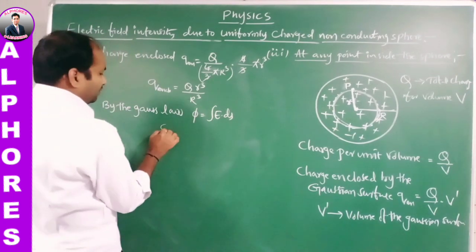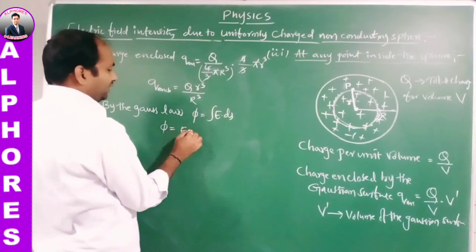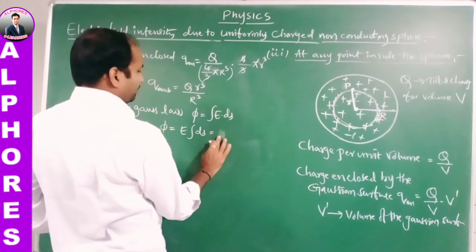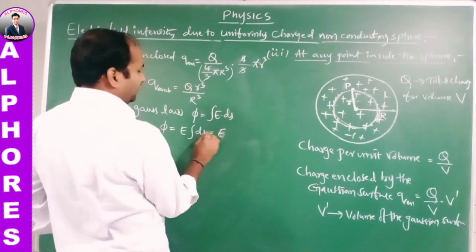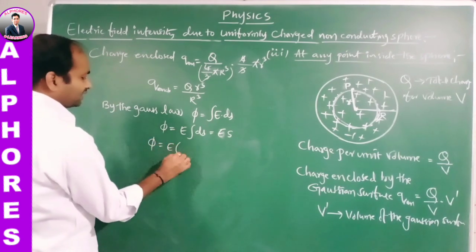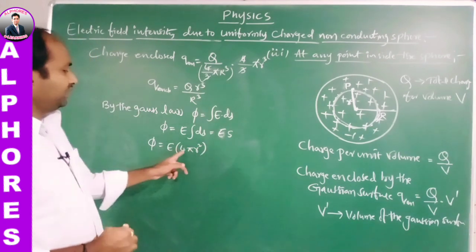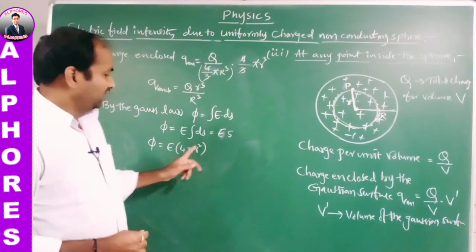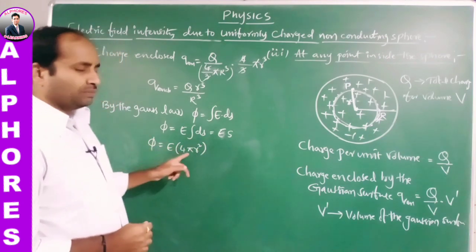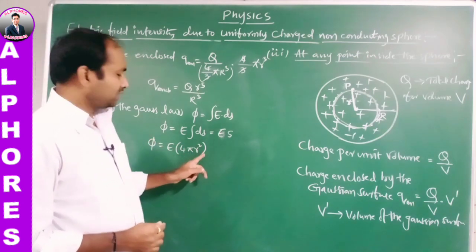Since E is constant, it is E into the integral of ds, which is E S. The surface area S of the Gaussian surface is 4 pi r square, so phi is equal to E into 4 pi r square.